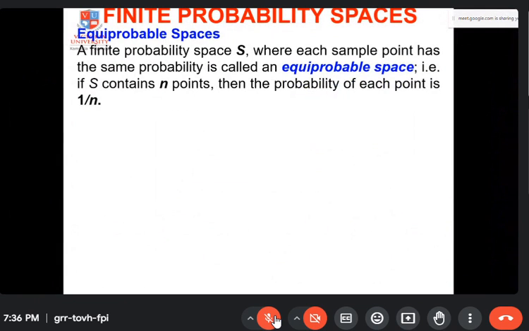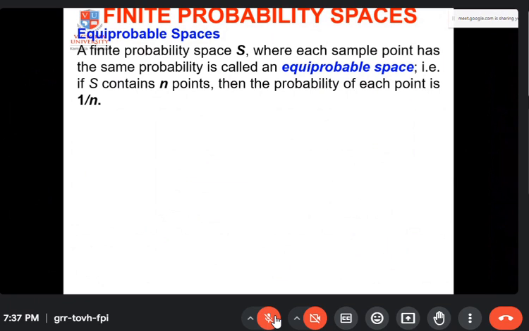Okay, then we have already said that if the probability space is finite and we have an equiprobable space, that means the chances of getting one are the same as getting the other.